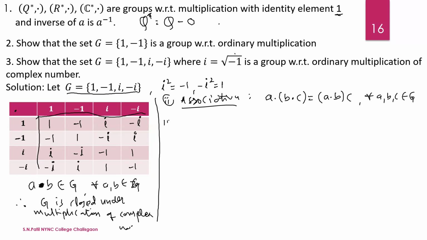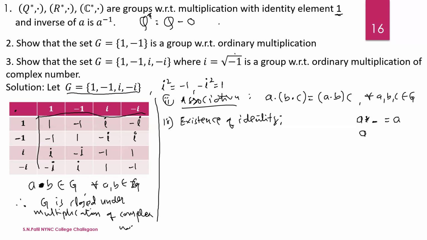Okay, now next, existence of identity. So what is the definition we have discussed? Identity: A star, find the number such that we get A. What is the star here?